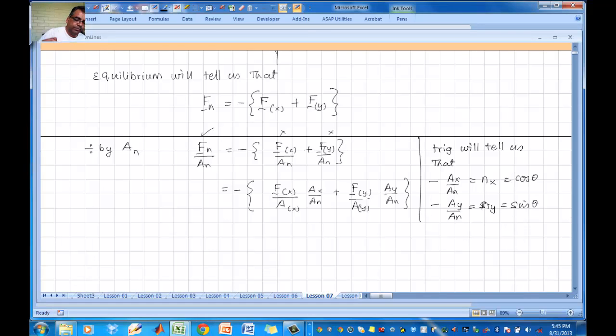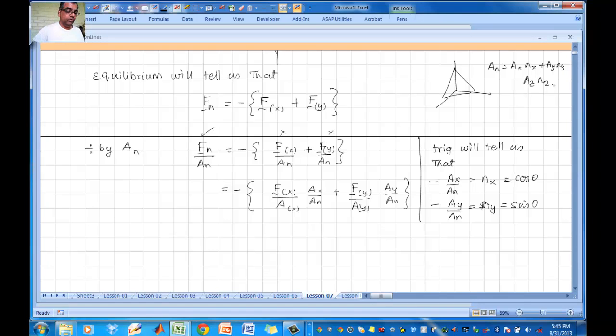How cool is that? Turns out to be generally true, by the way. If you take a tetrahedron with faces on that side, An will be Ax nx plus Ay ny plus Az nz, like that.